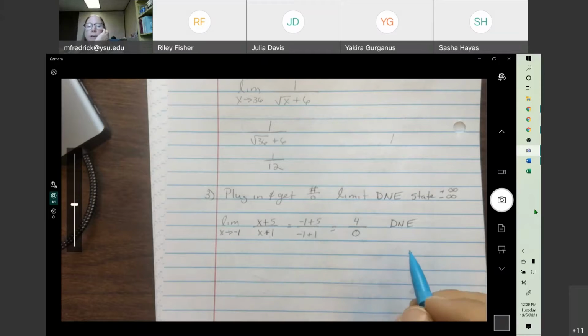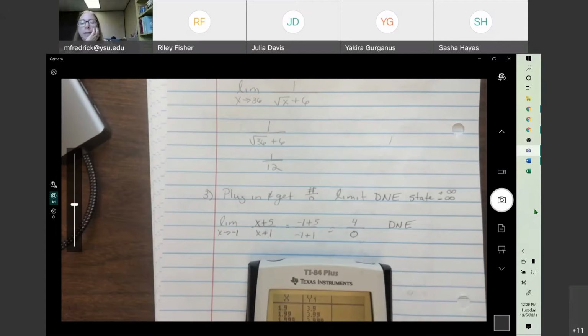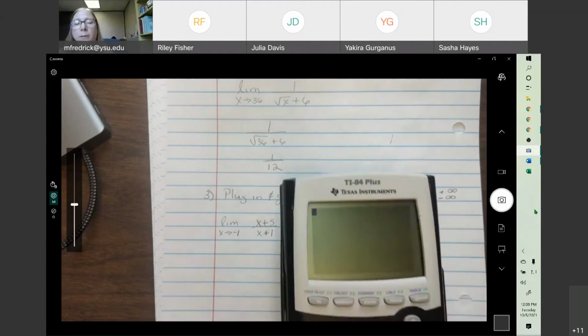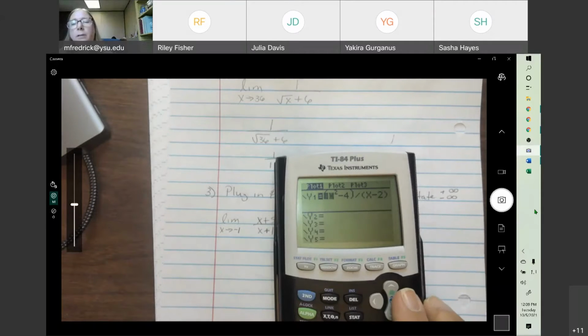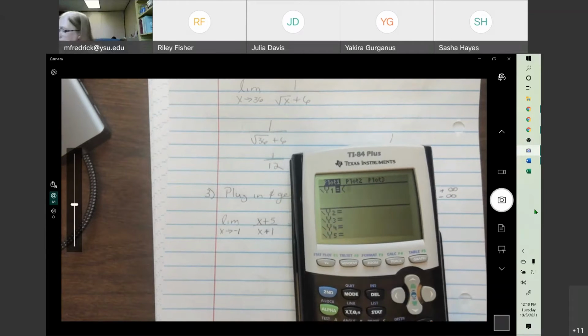Couple ways you can figure out whether it's positive or negative infinity. I think the easiest one is to graph it. Now you can use Desmos if you want to graph it, or you can use the TI-84. But if we plug this in under y equals x plus 5 over x plus 1.